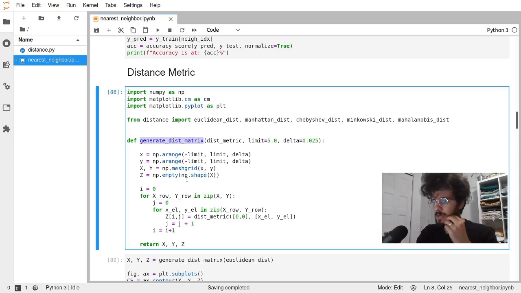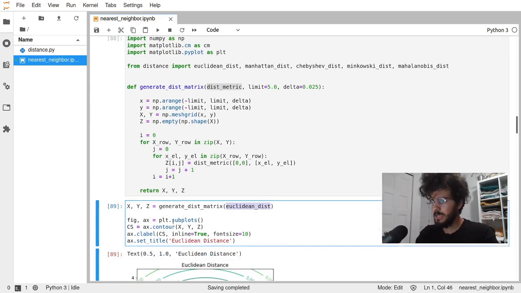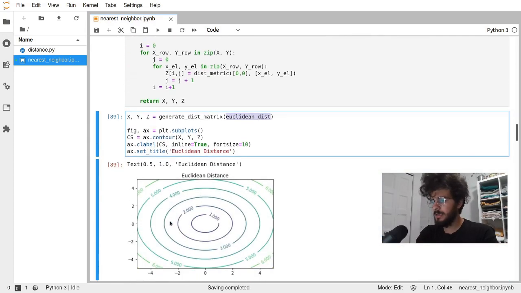That's how I get my distance, and I'm going to use this function on each of my distance matrices. So the first one is Euclidean distance. So I'm doing this, generate matrix Euclidean distance. This is the only thing I need to give, and I get my x, y, and z matrix, and then I can use matplotlib to make my contour plot. And they kind of look like this.